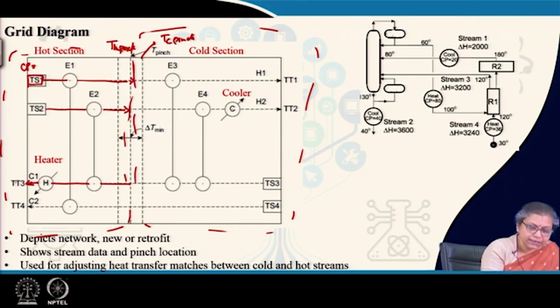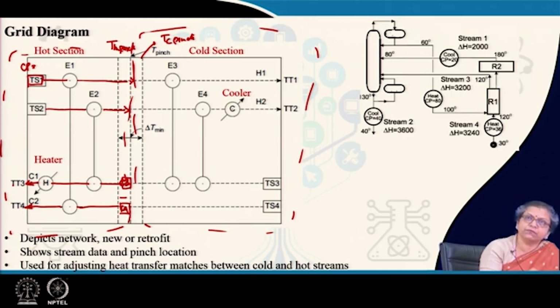So, here I will be writing the target temperature, here I will be writing the start temperature, and normally here we put it as, say, C3 and C4. In this case the start temperature is the pinch temperature, and then we simply extend it, and we need to show the arrows also.